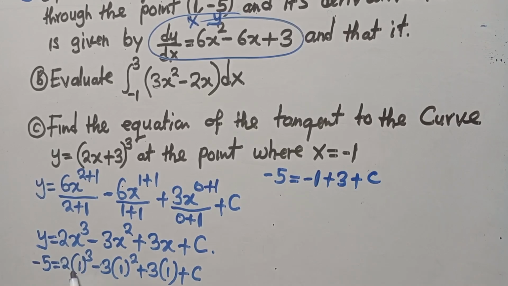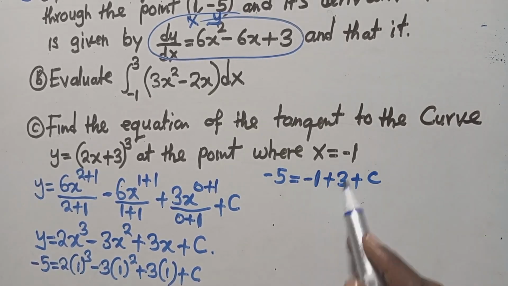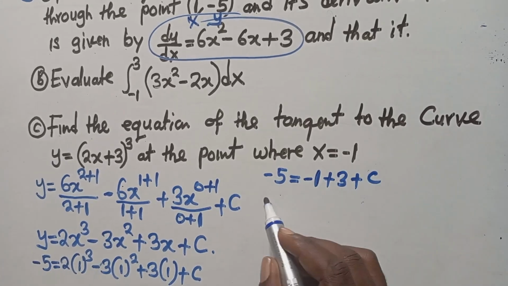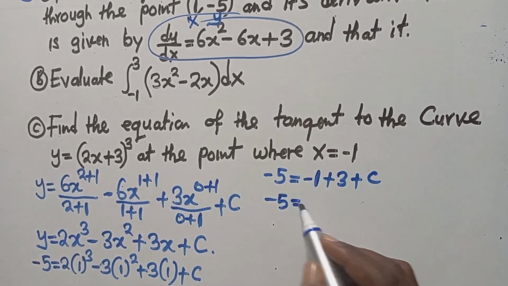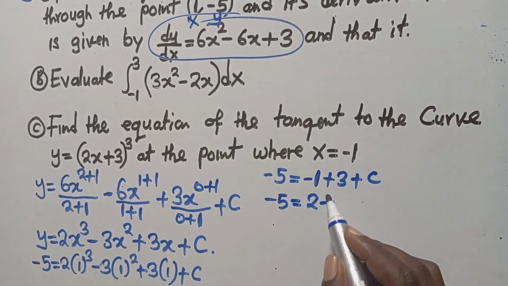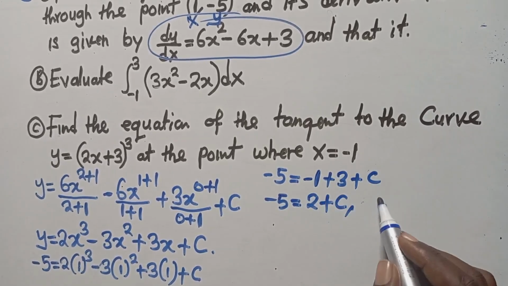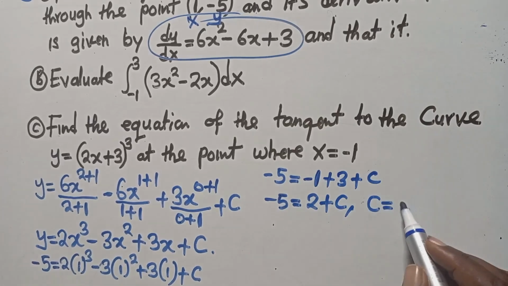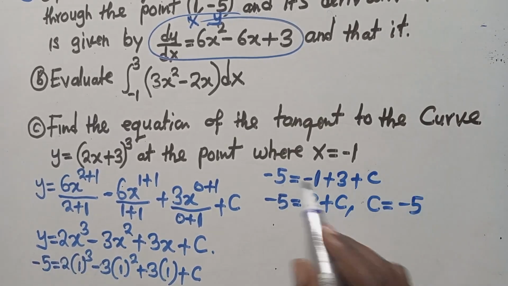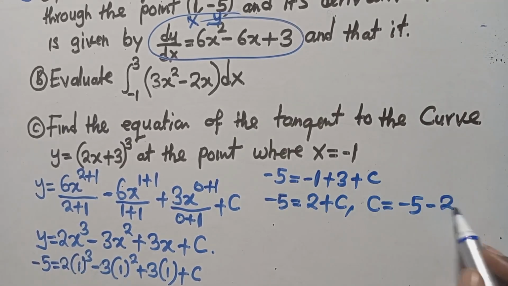So this is 2. Have you seen? This is 2 minus 3, that is negative 1. Negative 1 plus 3. This is the answer I'm getting. So negative 5 is equal to 2 plus c. So I group the like terms. c is equal to negative 5. This 2 goes to the other side, that is negative 2.